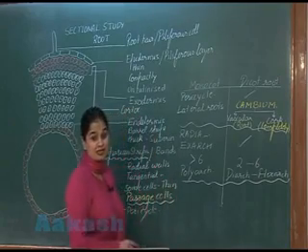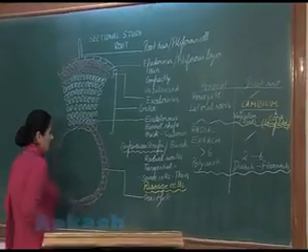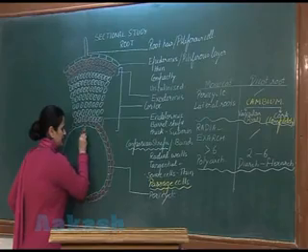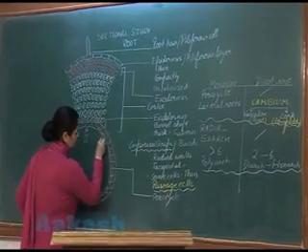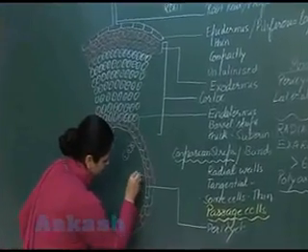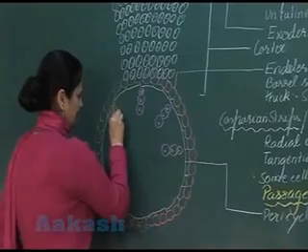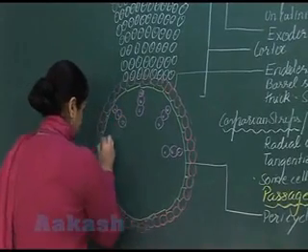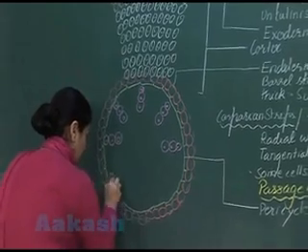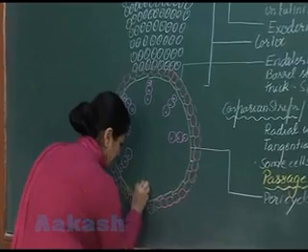So let's make the vascular bundles here in this diagram. तो ये मैं बना रही हूं xylem bundles. Yes, these are xylem bundles. So पूरी तरफ आप ऐसे xylem bundles बना दीजिए.